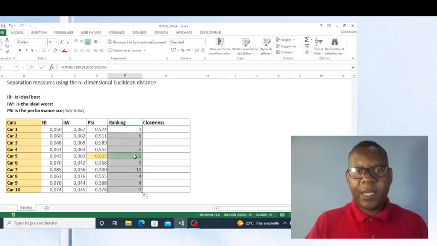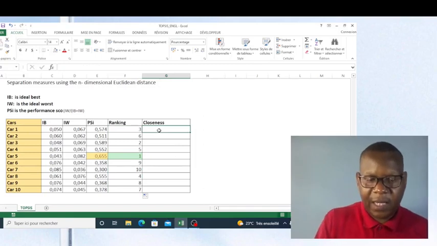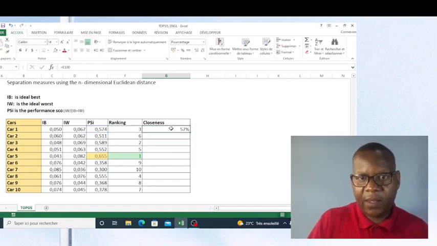And friends, as you can see, the index of closeness coefficient, you can just put this value in a percentage. As you can see here, it is 57, and the highest value, as you can see, it is this one.